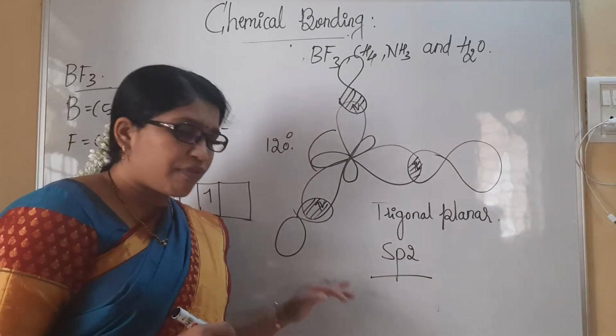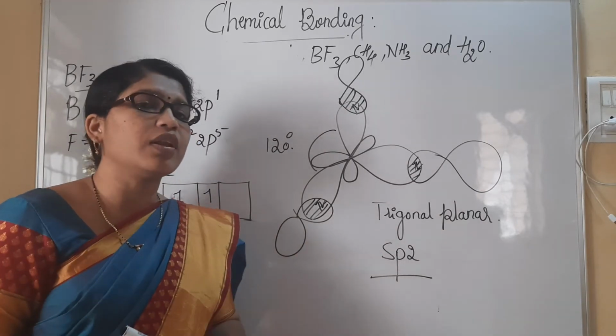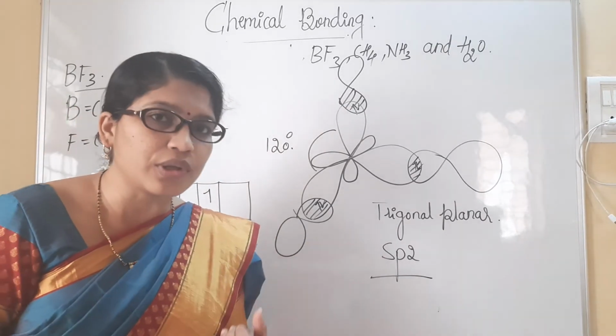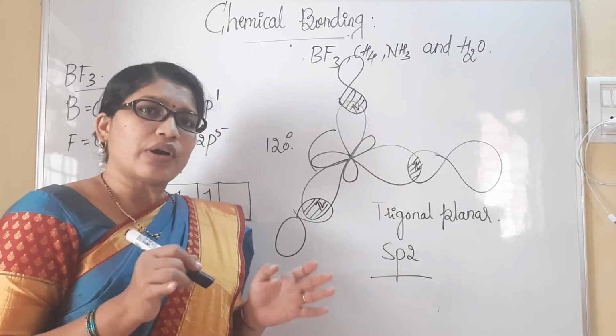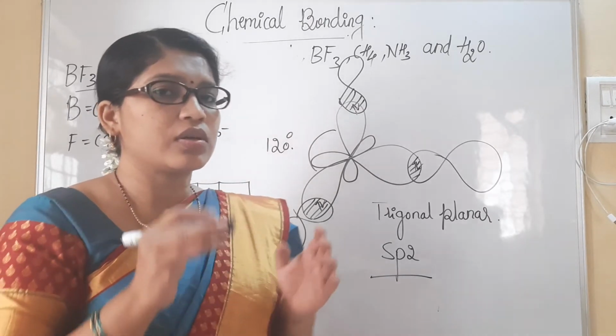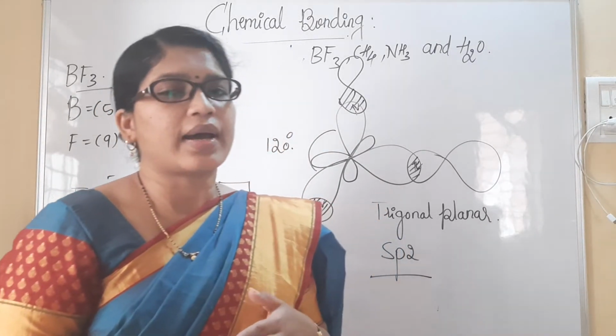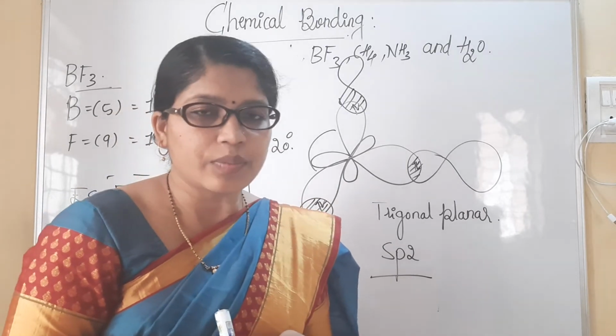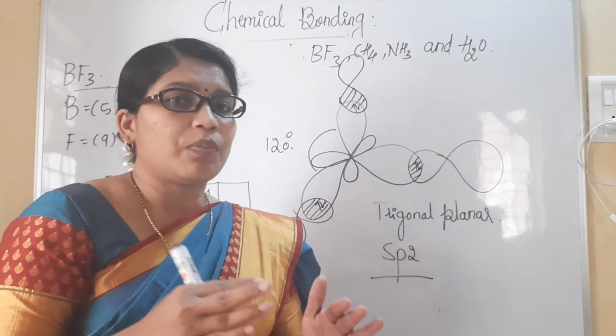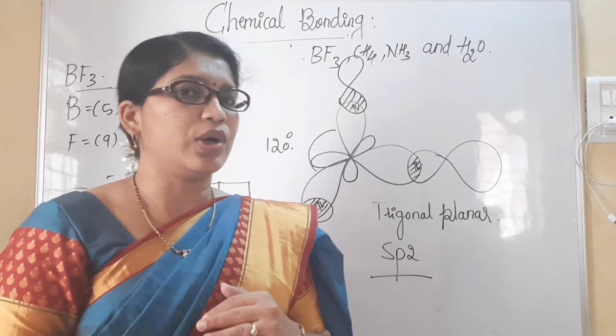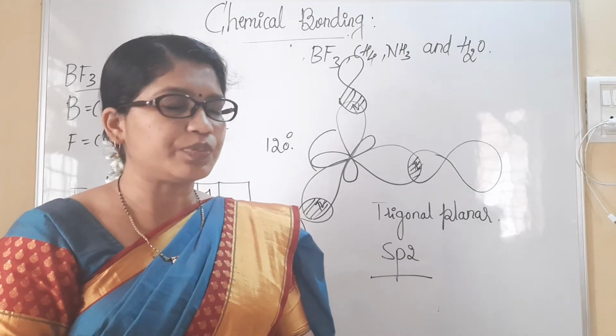In the same fashion, we will have the BCl3 molecule also. Chlorine also belongs to the halogen group. It will also have 7 valence electrons. Out of 7, only p electrons are going to be involved in bond formation.